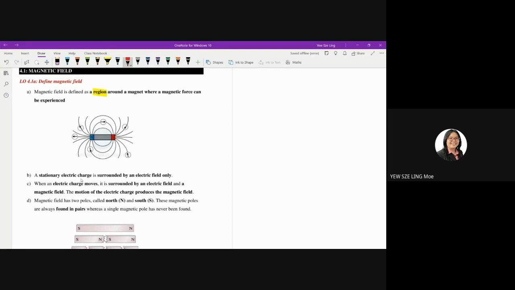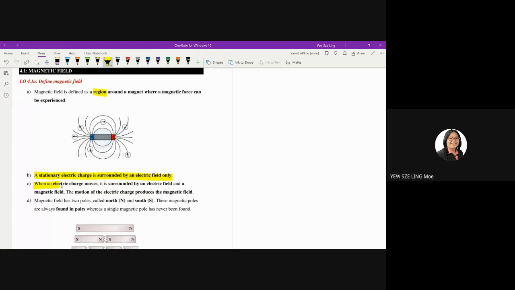A stationary electric charge is surrounded by an electric field. That is what we know, right? And when this charge starts to move, then it begins to have a magnetic field. It is surrounded by both electric field and magnetic field. You look at these two statements, it's very important. If it is not moving, then you have only electric field.